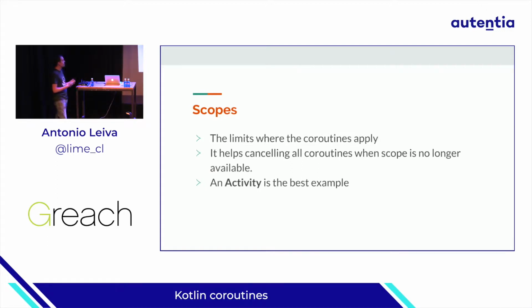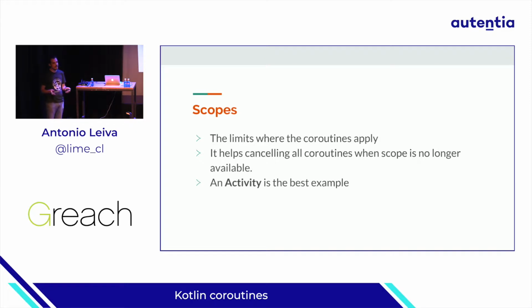And then we are reaching scopes. The scopes would be like the limits where the coroutines apply. Scopes help cancel all coroutines that are associated with that scope when the scope is no longer available. I don't know about other technologies or frameworks, but in the case of Android, a very easy example of a scope is an activity.